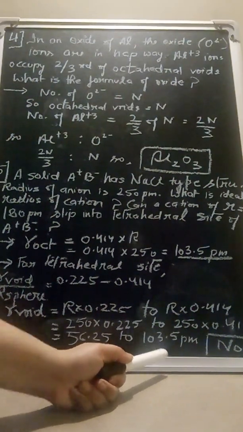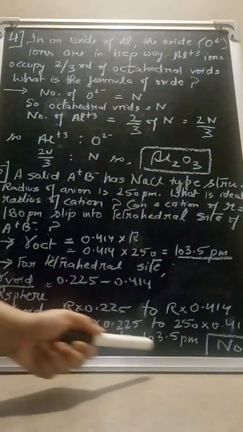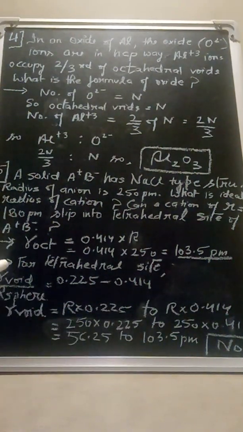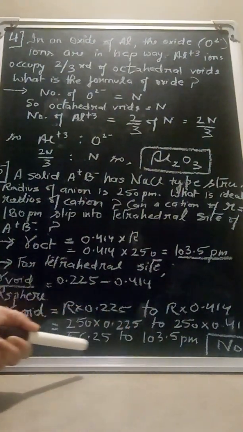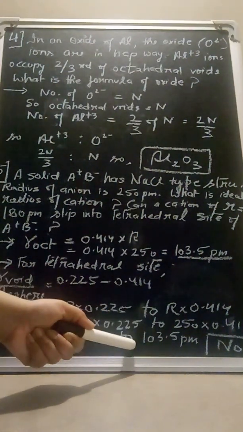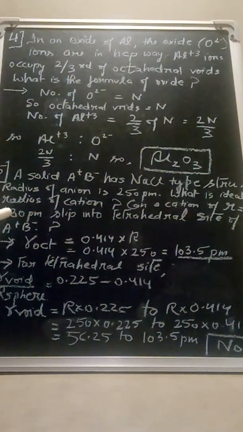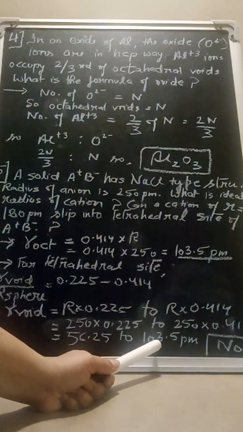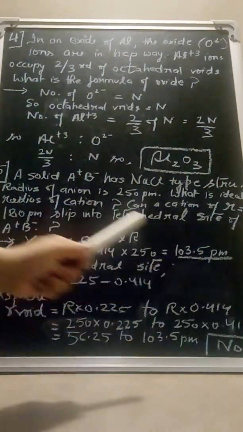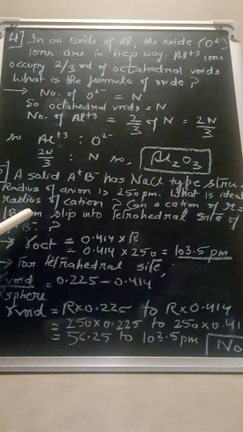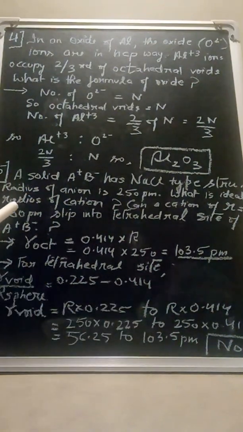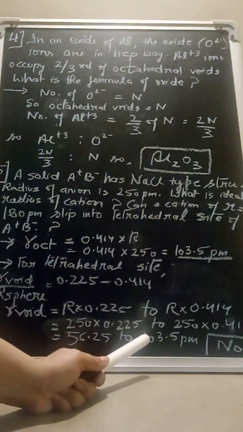If the cation has a radius in this range, it can enter into the tetrahedral void, and if it has a larger radius, then it cannot enter. The radius of the cation given is 180 picometer, which is more than the higher limit, 103.5 picometer. So the answer is no. The cation of 180 picometer cannot enter into the tetrahedral site because its radius is more than required.